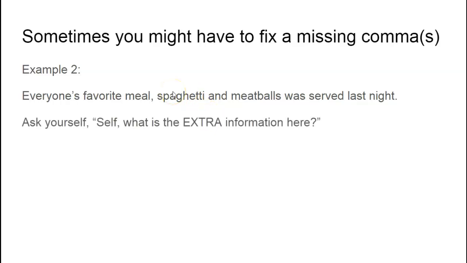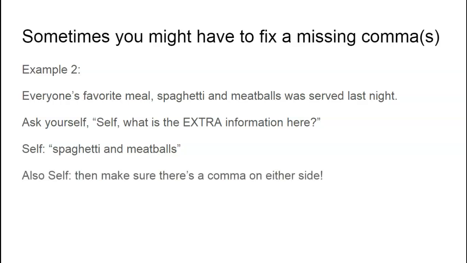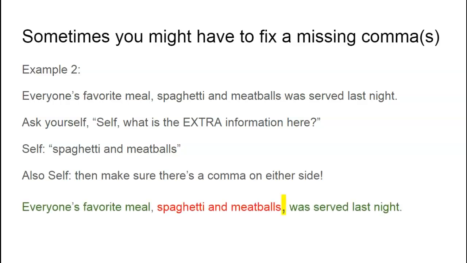So ask yourself, what is the extra information here? And yourself is going to answer spaghetti and meatballs. That's the extra information telling us what the favorite meal is. So make sure there's a comma on either side. Everyone's favorite meal, spaghetti and meatballs, was served last night.